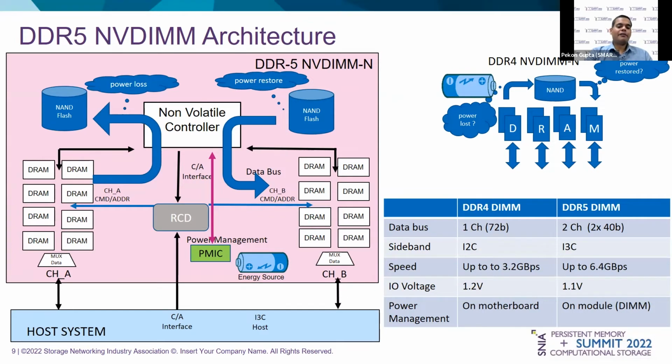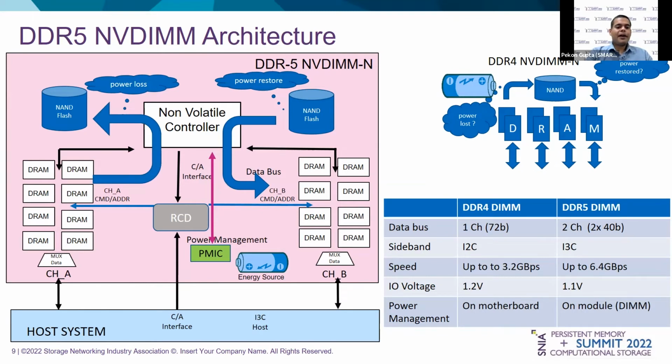The other important aspect is the power management. In DDR4 DIMMs, the power is managed by the host motherboard, but in DDR5 DIMMs, the power is managed on the module. This is where you see the PMIC block, which is inside the module.